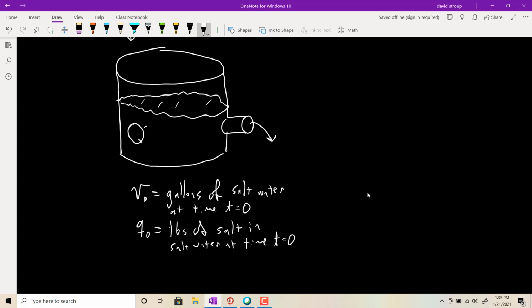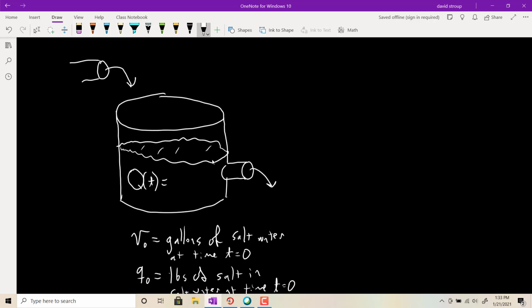Big Q that you see in the differential equation is the amount of salt in the solution at any given time t. Okay, and that's kind of what we're after.